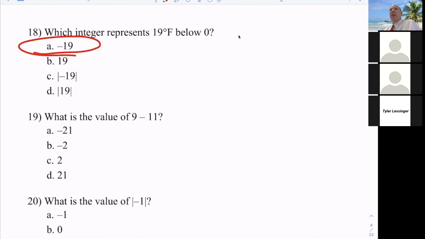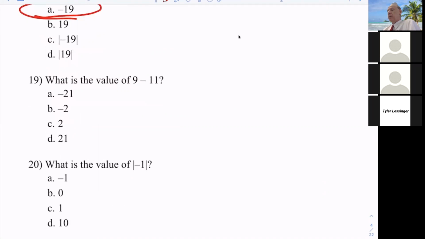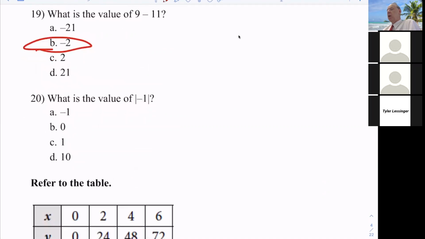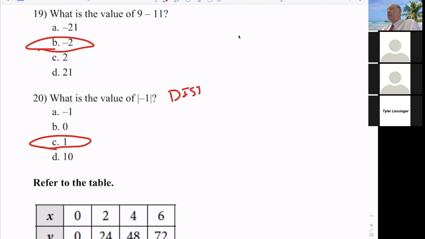Negative 19. Thank you. 9 minus 11. Absolute value of negative 1. 1. All right, remember, I want everybody to write this means distance from the origin.